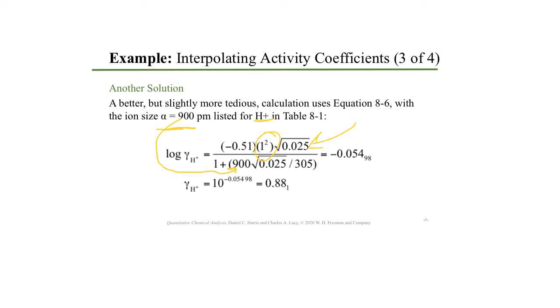And again, here's the ionic strength, 0.025. So what you actually get out is this negative 0.054, and they put the 98 on there. But that is the log. Remember that what you're dealing with is the log of gamma, and so in order to take the antilog, 10 to the minus 0.05498, you get an activity coefficient of 0.88.